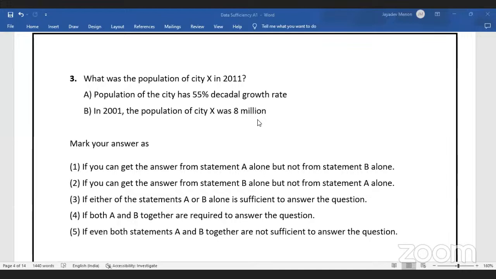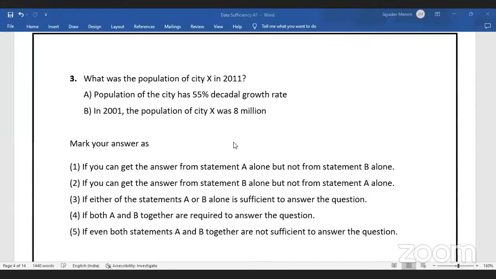So it means in every 10 years, the population increases by 55%. But by using that statement alone, it is not possible to find out the population in 2011.